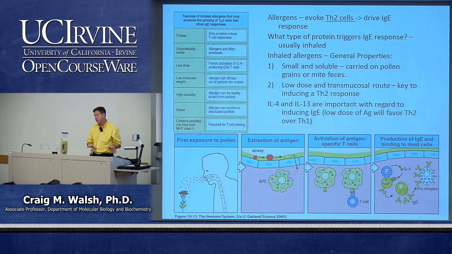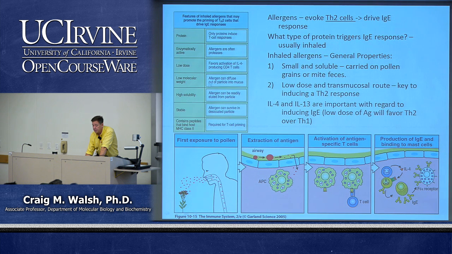But one of the things that I didn't mention is that the dose of the antigen, the amount of signal that comes through the T cell receptor, can dictate whether you're going to get a particular helper cell differentiation. So Th1 cells require a lot more antigen than do Th2 cells. And so in this case, there's not a huge amount of antigen, and so that tends to favor the generation of these Th2 cells that produce IL-4.